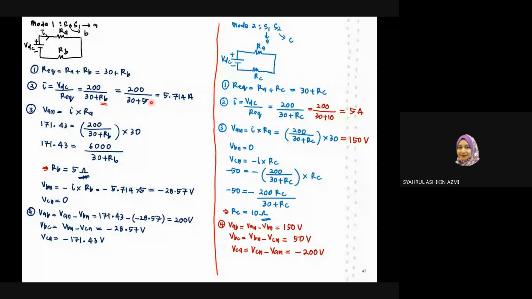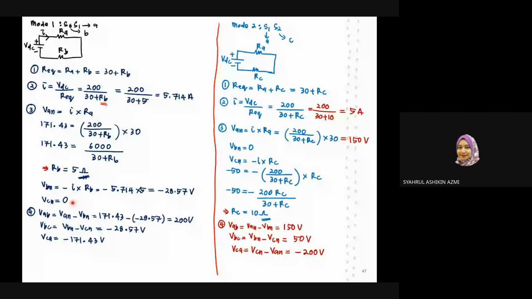Once we know the value of RB, I will be equal to 5.714. Substitute it back in I here, multiply by RB, as in the step of finding VAN just now, and you will get negative 28.7 volt.